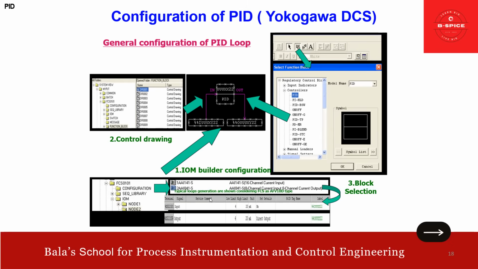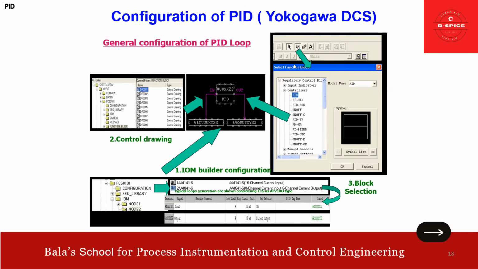So go to the node, look for this, and you configure this tag. After that, you have to go to the function block. Then you look for the control drawing, DR001. Once you click the control drawing, you find this page, and you have to select the function block.